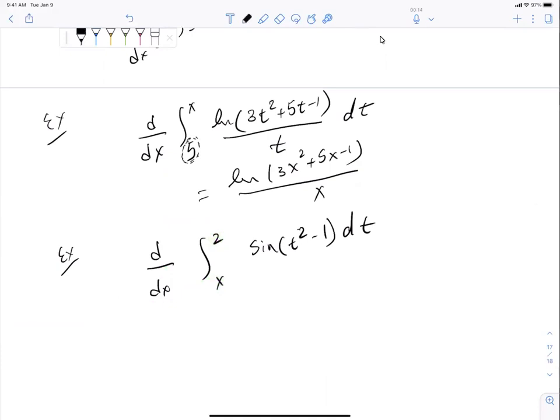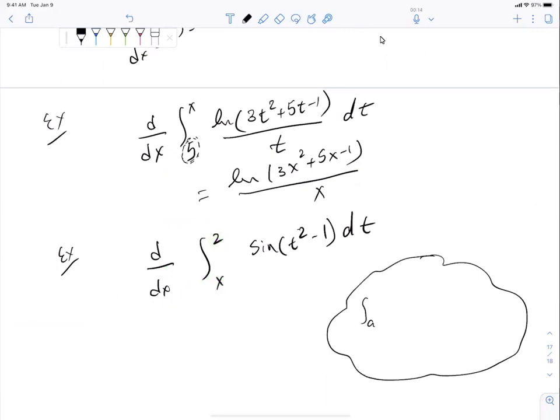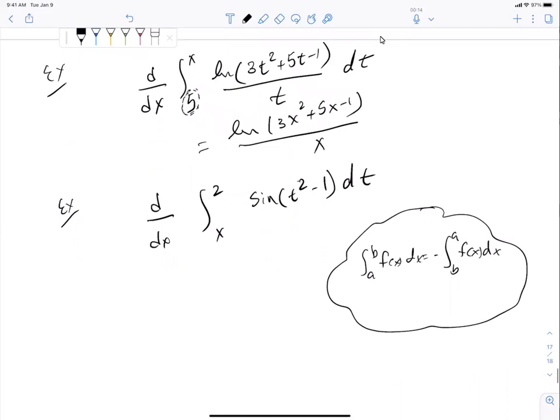I'm going to use one of the properties of integrals that I mentioned last time, which was that the integral from a to b of f of x dx is the negative integral from b to a of f of x dx. So I'm going to switch the bounds and change the sign.